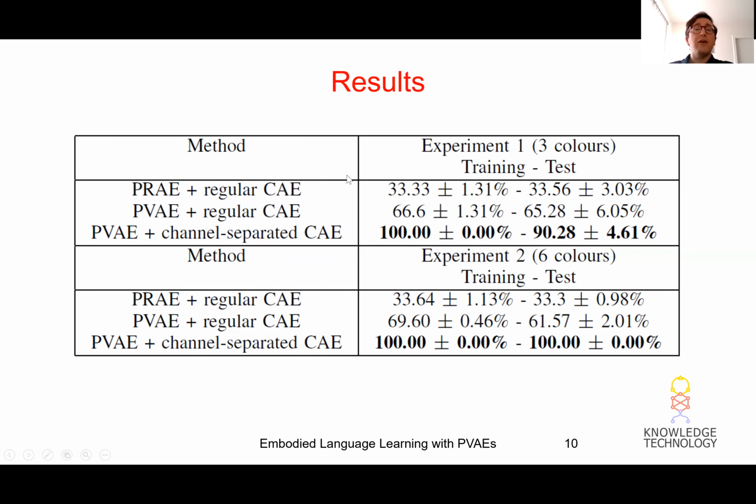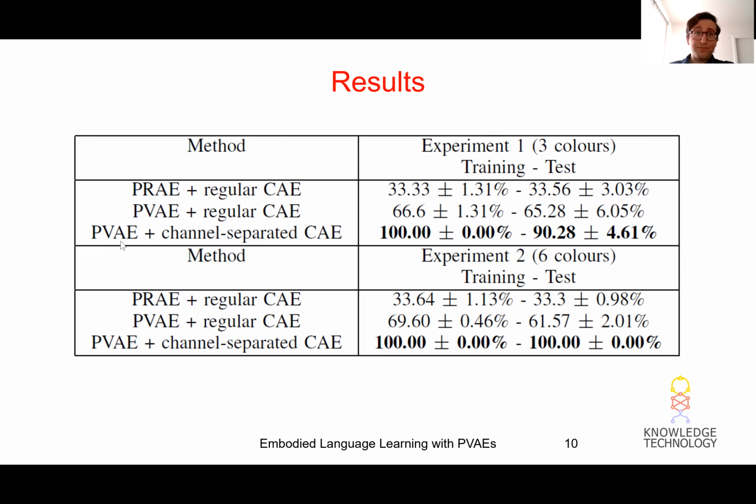And you can see that when translating from action to language, the original approach managed to get only 1/3 of the descriptions translated correctly, whilst our variational autoencoder approach with visual features extracted by the regular convolutional autoencoder, PVAE with regular CAE, managed to get 2/3 of the descriptions correctly.